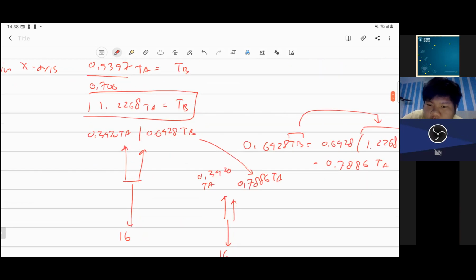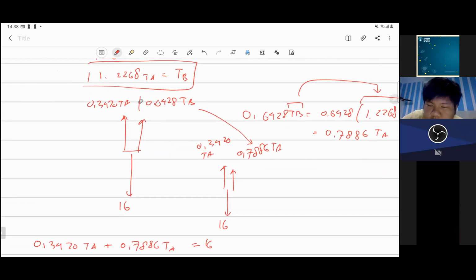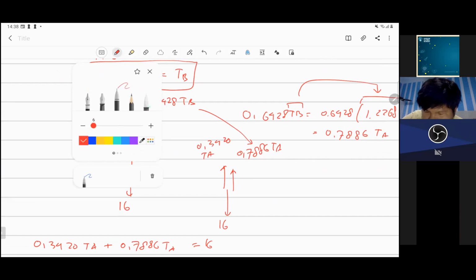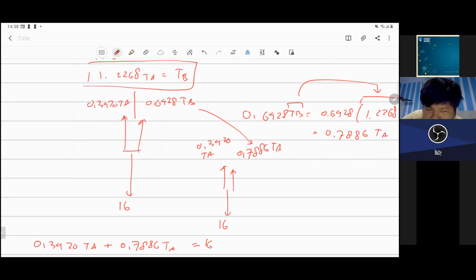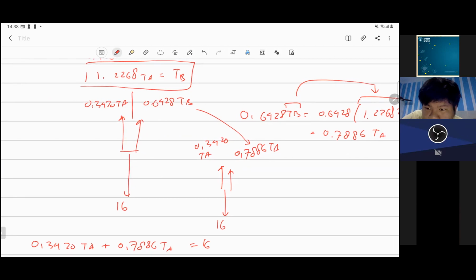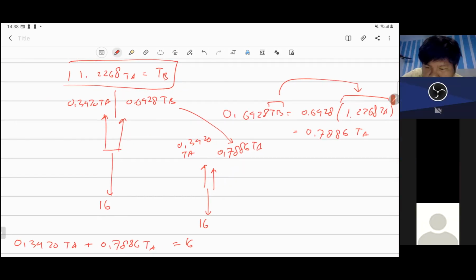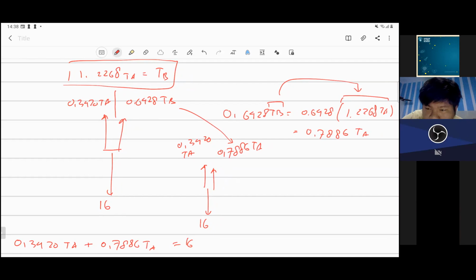Previously, we have the information in terms of TB and TA. Now, the TB part, we change them into TA using the equivalence, TB is 1.266 TA. If we do that, now our data is just in terms of TA.